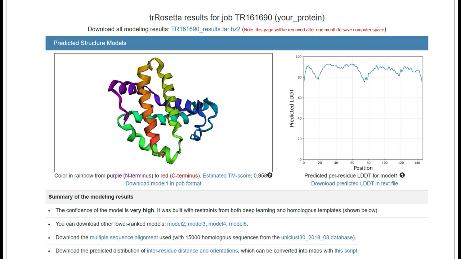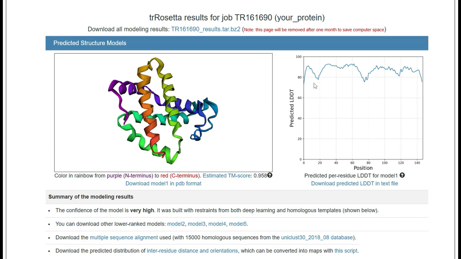Scores above 80 are considered highly accurate, scores between 50 to 80 indicate a moderate accuracy, and scores below 50 suggest low confidence. In this graph, the majority of residues have an LDDT score above 80. So this means that most regions of the model are highly accurate, and there might be a few dips in the graph. This indicates some regions with slightly lower confidence.